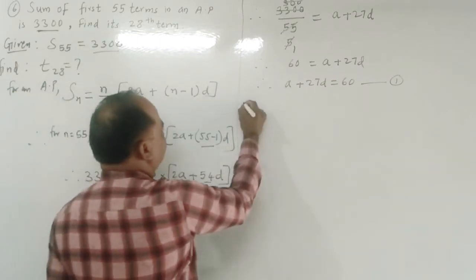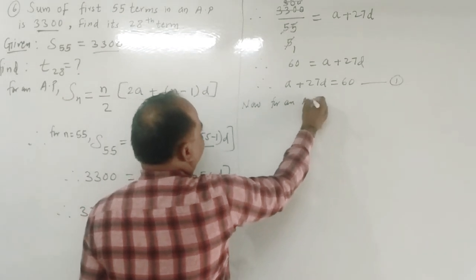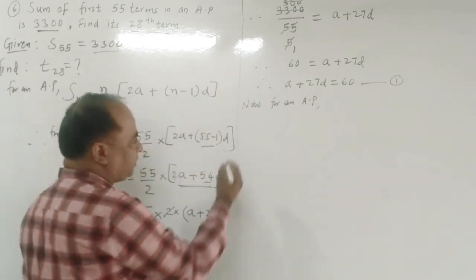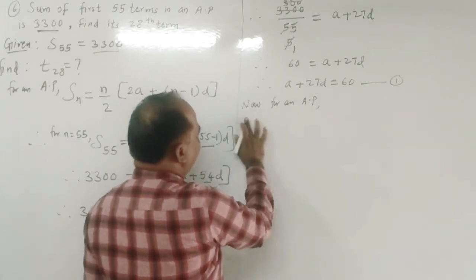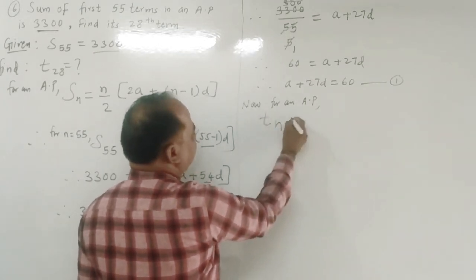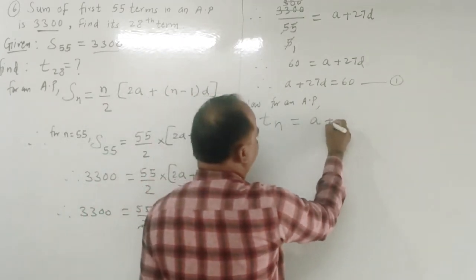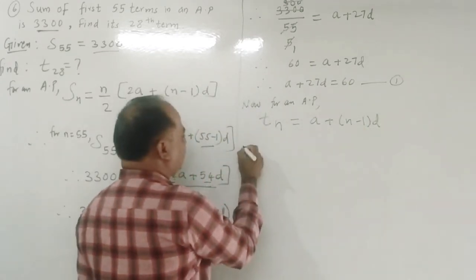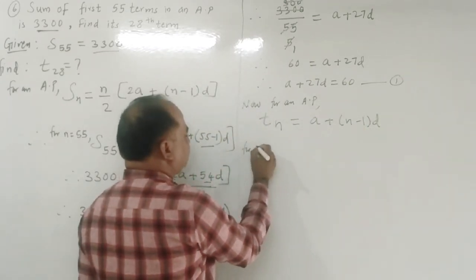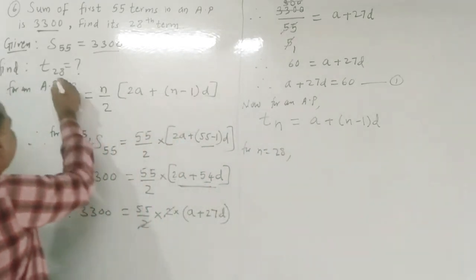Now again for an arithmetic progression, you know the formula: Tn, nth term of the sequence, is Tn is equal to a plus (n minus 1) into d. So for n is equal to 28, we have to find here 28th term.